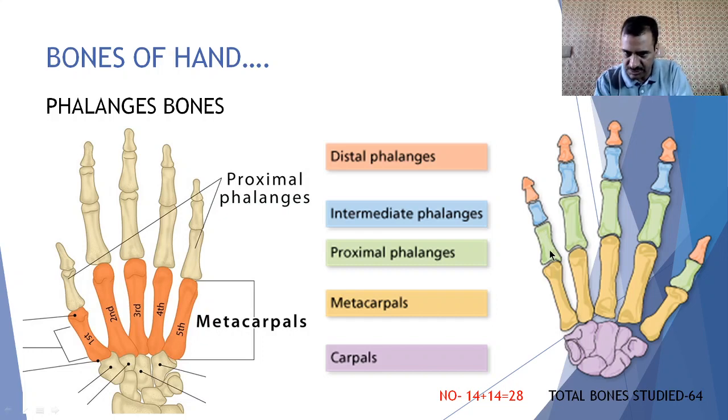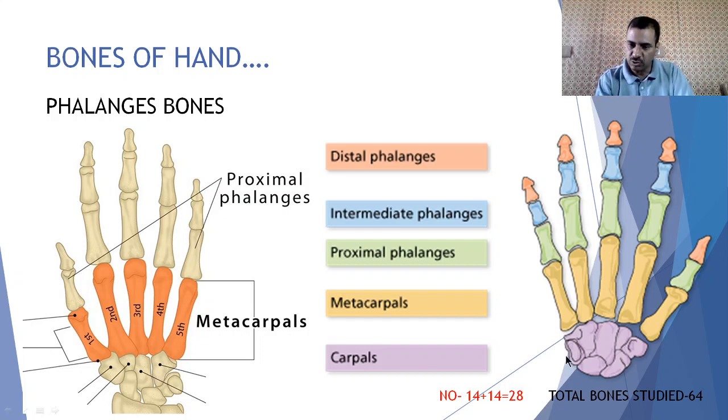As a special feature, in the fingers there are 3 phalanges: proximal phalange, intermediate phalange and distal phalange. In each finger there are 3 phalanges, while in the thumb there are 2 phalanges. So these are 14 phalanges in one hand, 14 in the second hand, and a total of 28 phalanges.